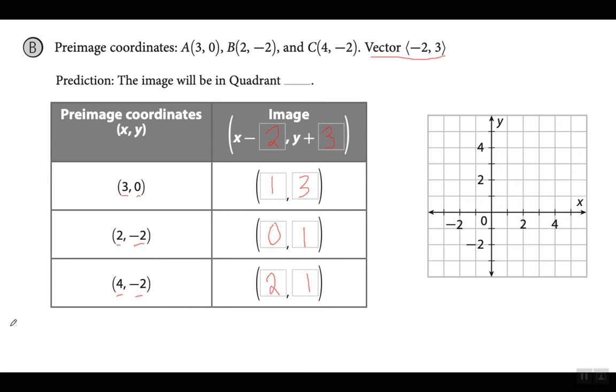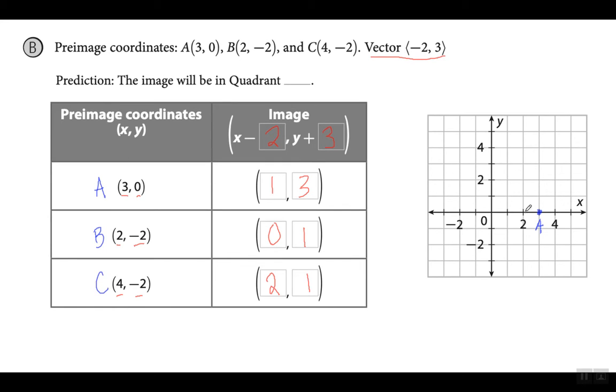Let me do the pre-image in blue. Point A is at 3 comma 0. They didn't write the letters here, so let me just write them out. I'm getting that information from up here, by the way.